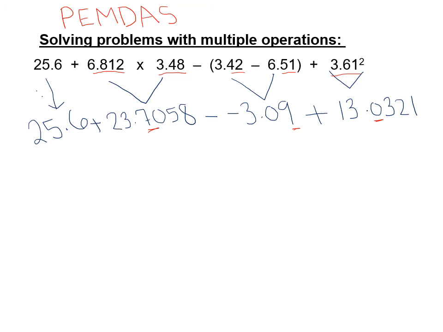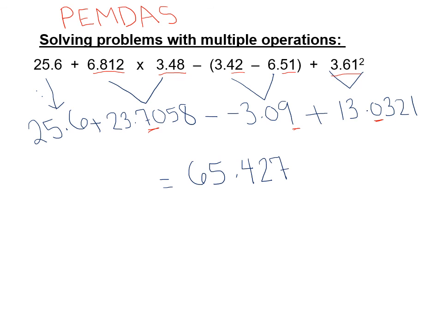Minus negative is the same thing as plus. So plus 3.09 plus 13.0321. And when I put this in the calculator, it gives me 65.4279.